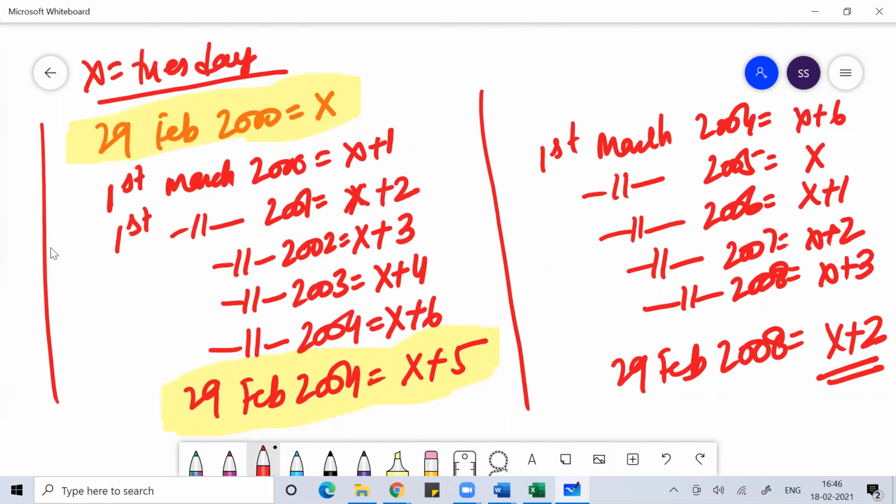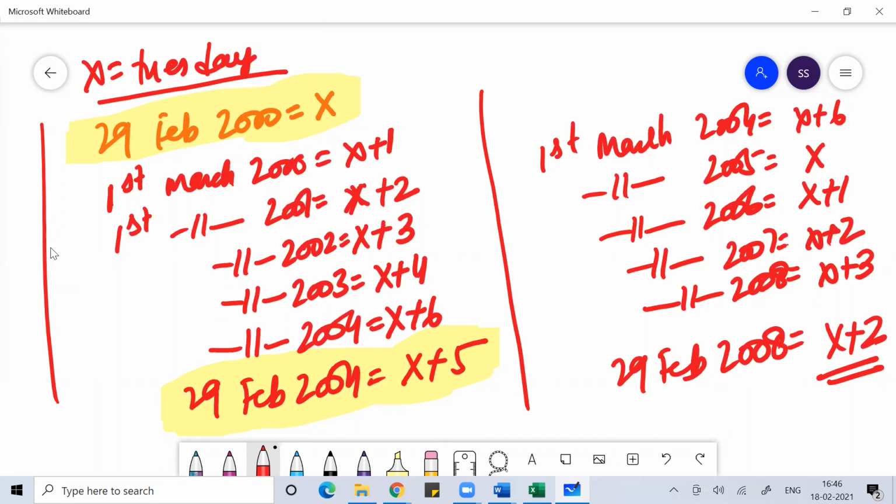See the gap: after x it became x plus 5, and after that it became x plus 2, which means x plus 9. You can see this gap: a gap of 5, then a gap of 2.